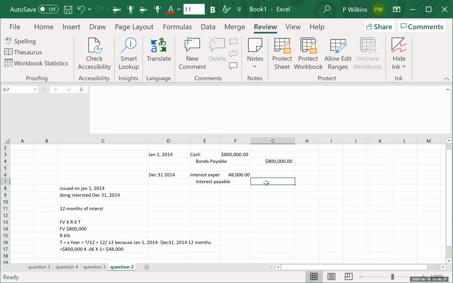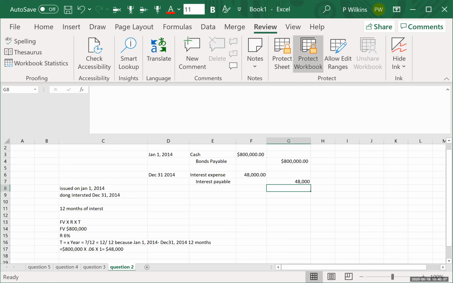Now, in your problem, you may have the option for bond interest expense and bond interest payable. So you'll want to just look at your problem and see in your chart of accounts what they have as an option. Okay, so that is question 2 on exam 4 review.